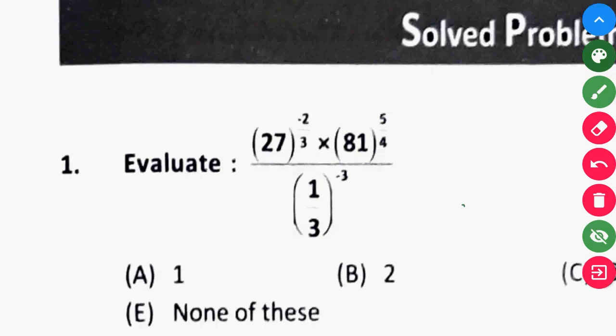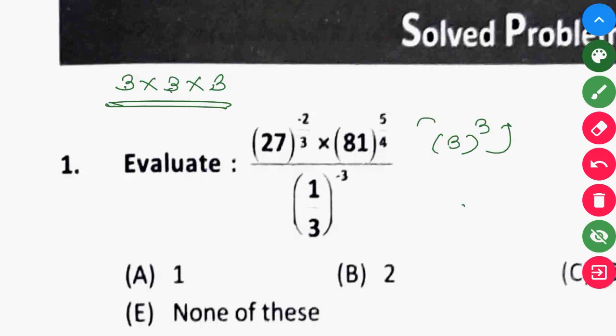All these things you have to understand, because you should know the basic squares and cubes of 1 to 15 numbers. So see, if we multiply 3 times, 3 3s are 9, 9 3s are 27. So 27 is nothing but 3 cubed, and its minus 2 by 3 power we have to take.